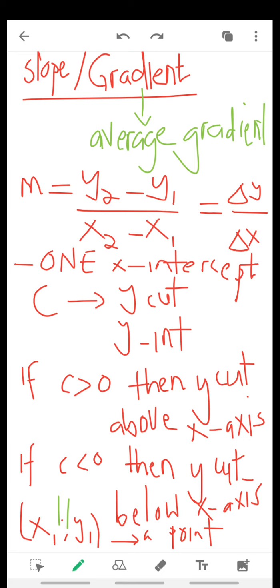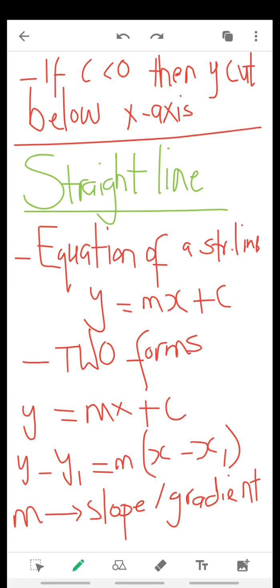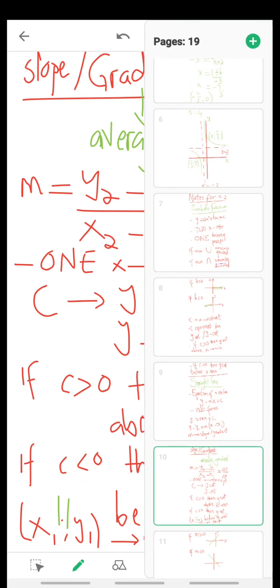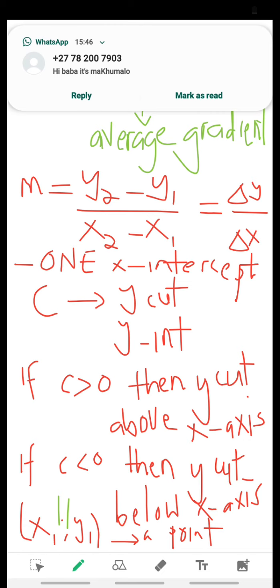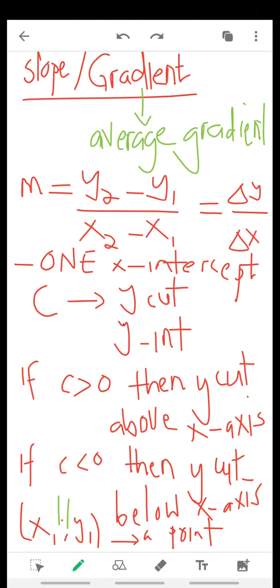Okay, so with straight lines, there is one x-intercept and we have one y-intercept. Okay, and remember, we have a c in that general formula of straight lines. There is the c. Then what does the c stand for? The c stands for the same thing as in parabolas, which is the y-cut or the y-intercept.